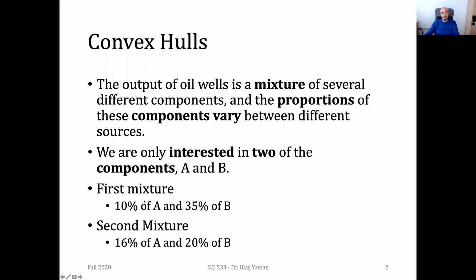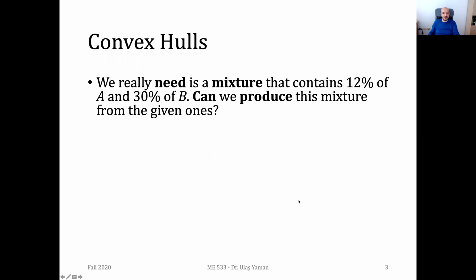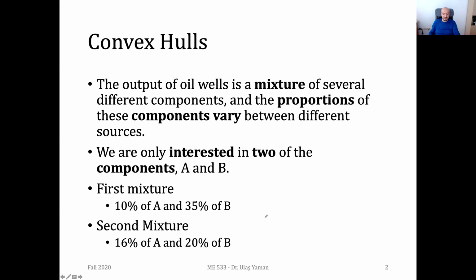In the first oil well, 10% of the mixture is A and 35% is B, but in the second, 16% is A and 20% is B. But the question is, can we obtain 12% of A and 30% of B? So how can we obtain this mixture?